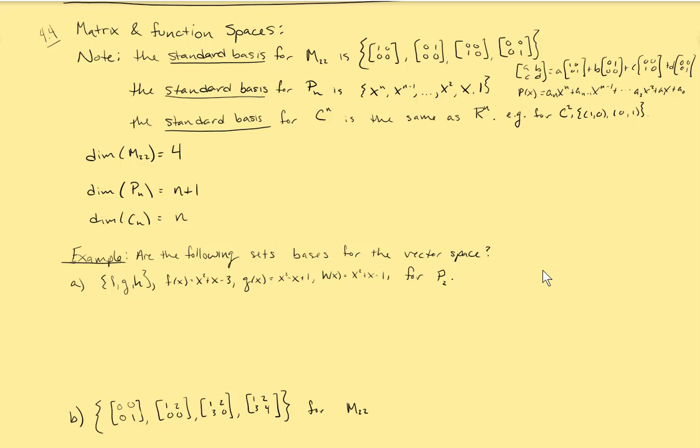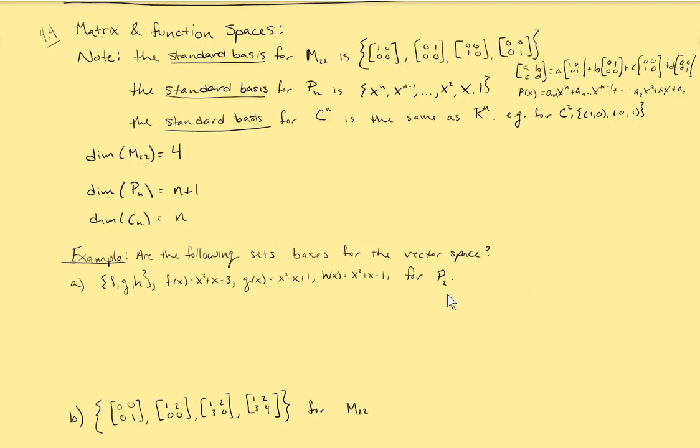So to check this, we already know the degree of P2 is 2, so the dimension would be 2 plus 1, which is 3. And we saw earlier that if we know we have the right number of vectors in a set to match the dimension of that vector space, we really only have to check that these are either linearly independent or that they span the vector space.